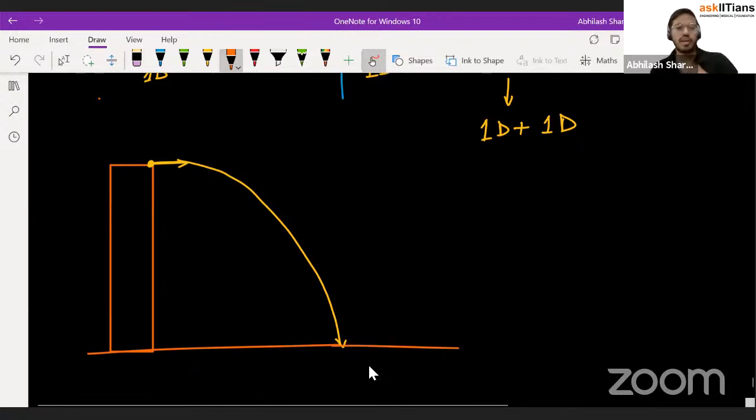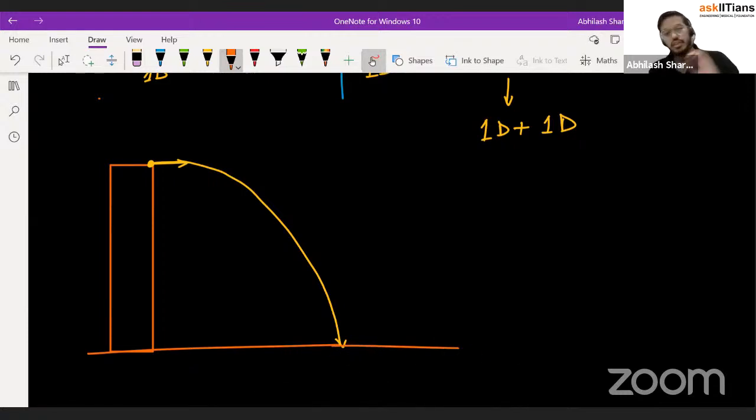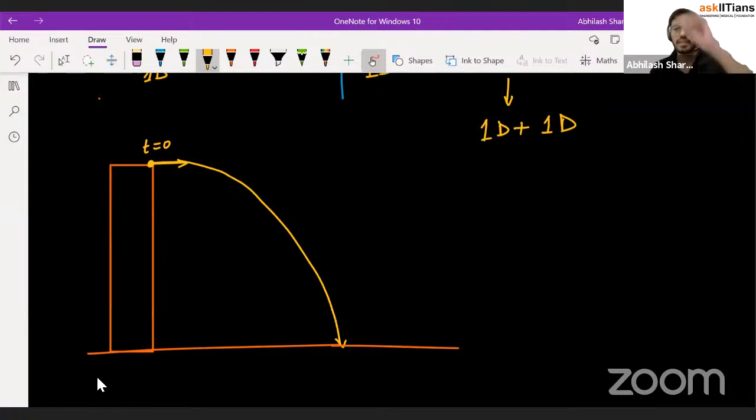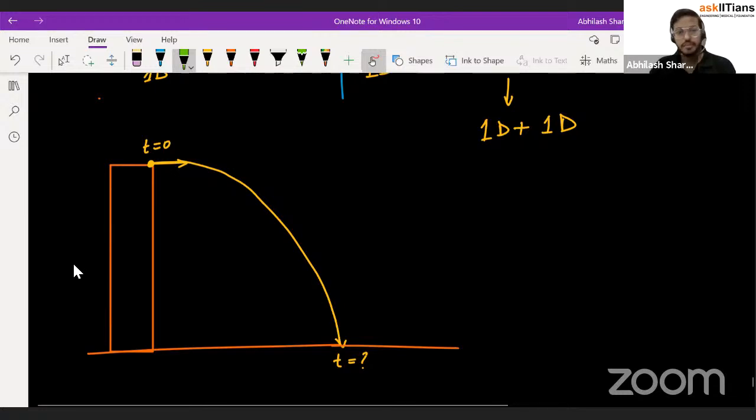Suppose we are to determine after what time the ball hits the ground. Let's say when the ball was thrown from the building, the time was 0. Now when the ball is hitting the ground, the time is t. We want to find that time. We have been told the height of the building is 20 meters.